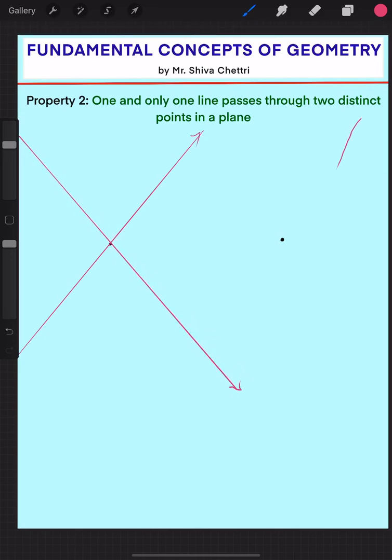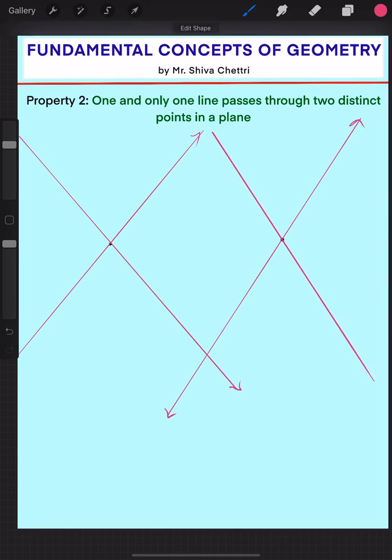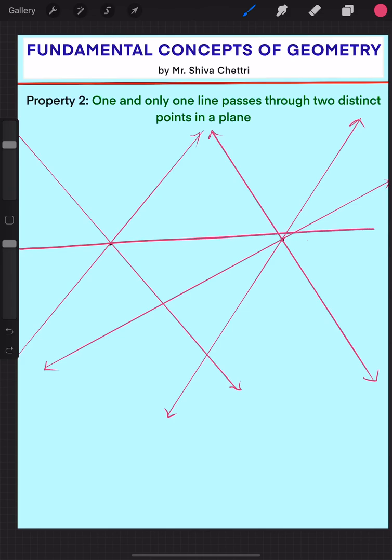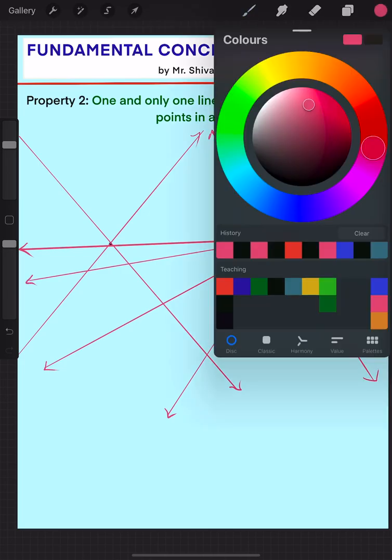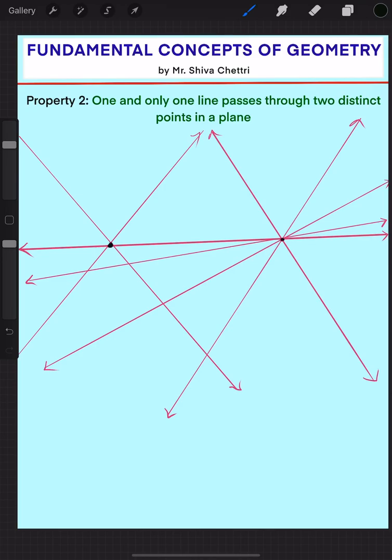Again, if I draw another line, if I draw many lines like this, we never know how many lines there are, but out of these you can easily find the line, say AB, or you can just say line P, which is the only line that passes through the 2 points. So how many lines can be drawn passing through 2 distinct points? That is only one line. So only one line can be passed through these points.